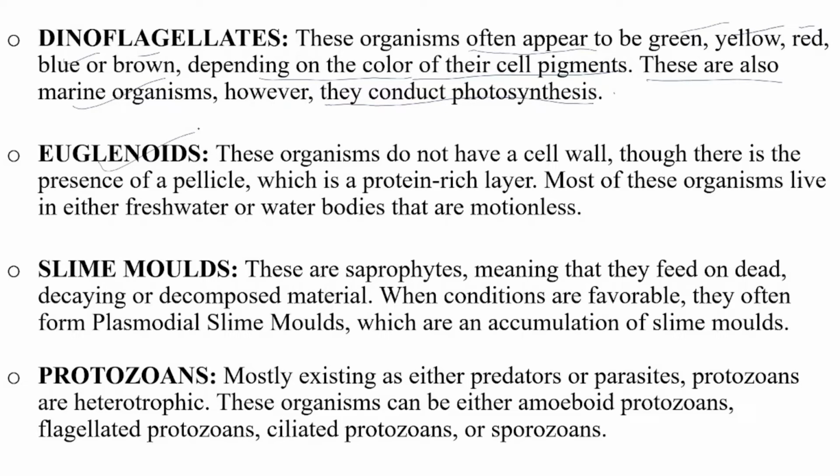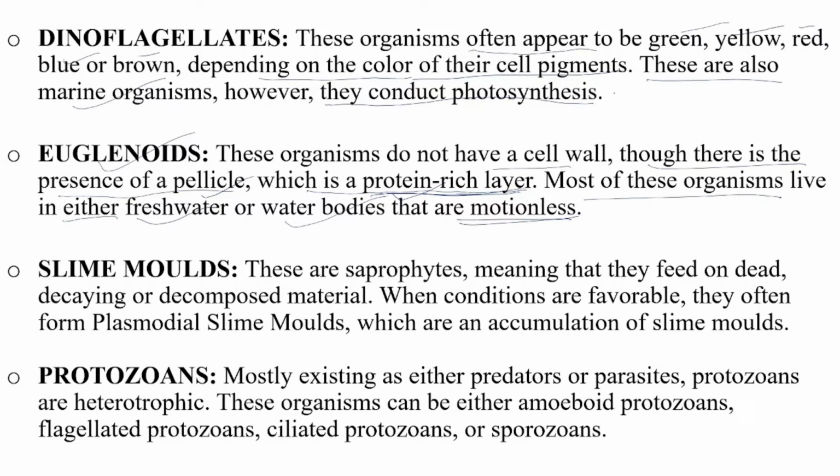Then euglenoids. These organisms do not have a cell wall, though there is a pellicle, which is a protein-rich layer. It is an outer soft covering called the pellicle, not a cell wall. Most of these organisms live in freshwater or in water bodies that are motionless, that is, stagnant water.